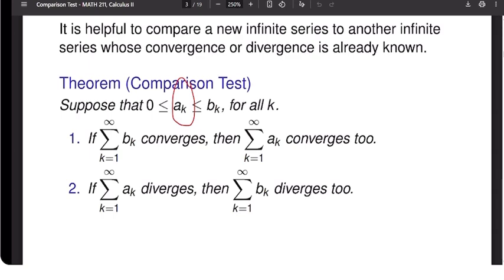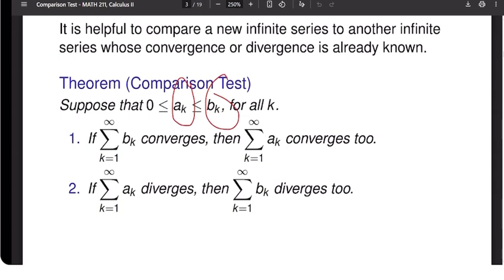As you can see here, a_k is less than or equal to b_k. We actually need to identify an alternative test sequence similar to the one we're considering. Now, this is the condition.